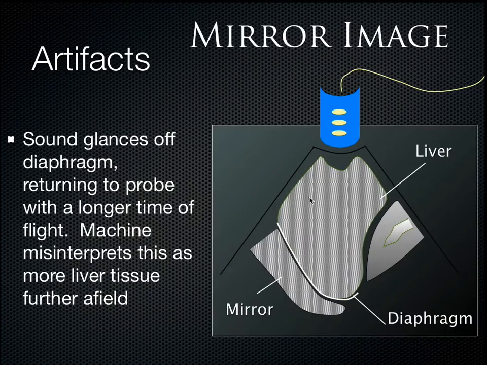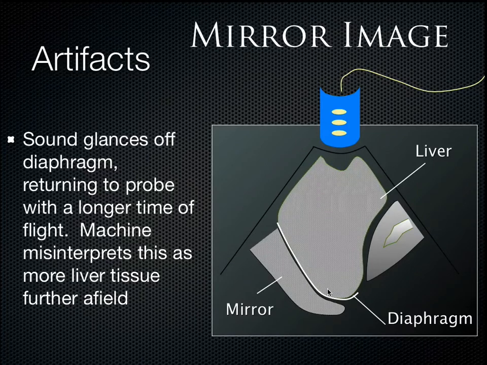The sound goes through the liver, and when it encounters the diaphragm, instead of getting on the other side of the diaphragm in normal individuals, it rolls along the diaphragm and then eventually makes its way back to the ultrasound machine. And the ultrasound machine thinks to itself, that was weird. I sent that sound out there. It took a while to come back to me.